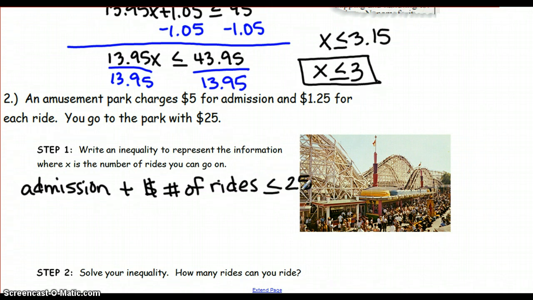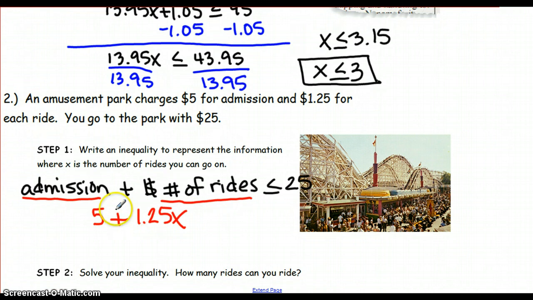So now we can go ahead and write our inequality. We know that admission is $5, and we know that our dollar amount for our rides is $1.25. But here where it represents the number of rides, we're not sure what that is, how many rides you're going to actually choose to go on. So that's where our variable goes.